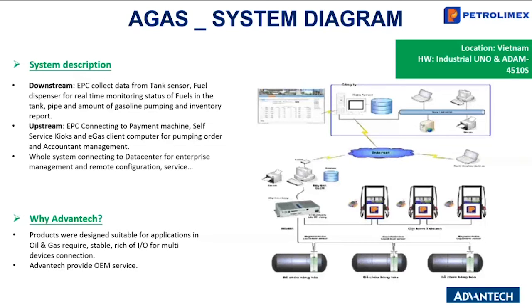The embedded PC is responsible for real-time monitoring of the status of the fuel in the tank, in the pipe, and the amount of gasoline pumped, and also for the inventory report.